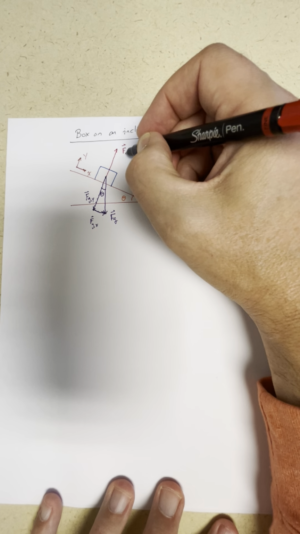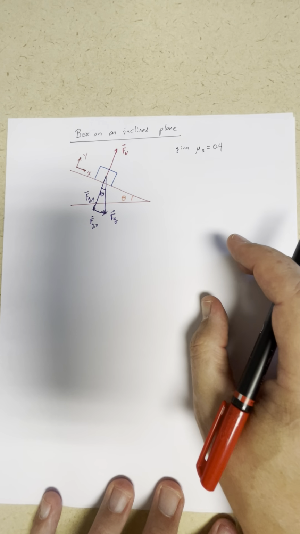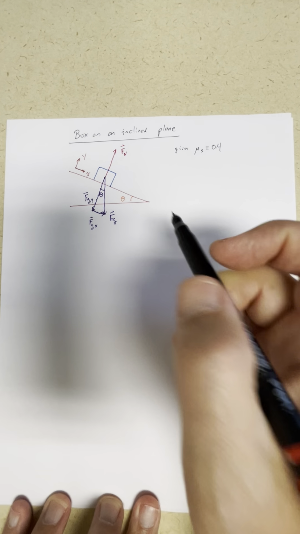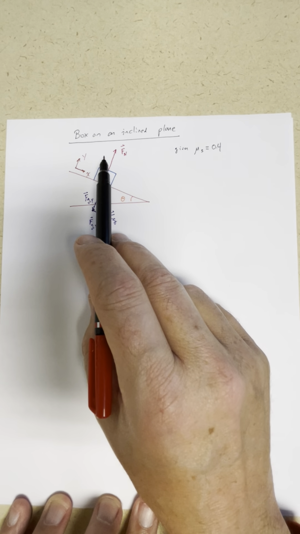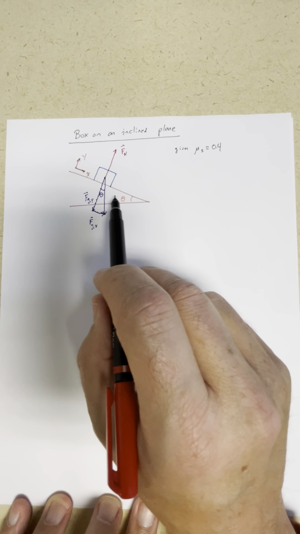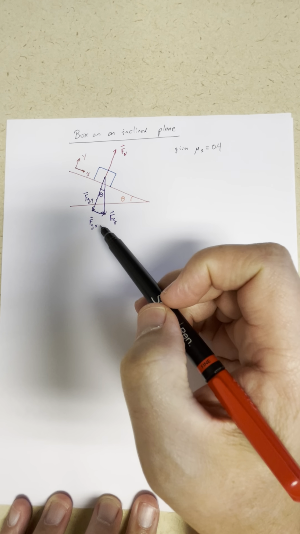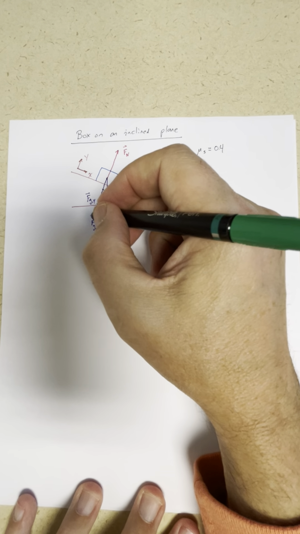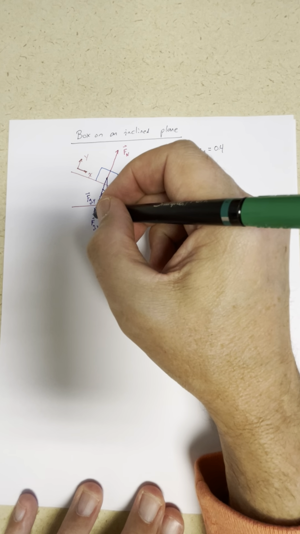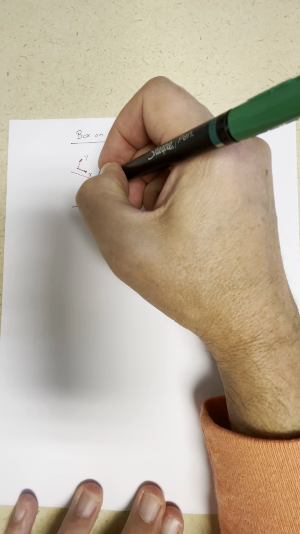So there is the normal force, and if this is just right before the box starts to slide, we're at the critical value for the force of static friction, and the force of static friction is going to be just big enough to cancel out the part of the weight that's parallel to the inclined plane.